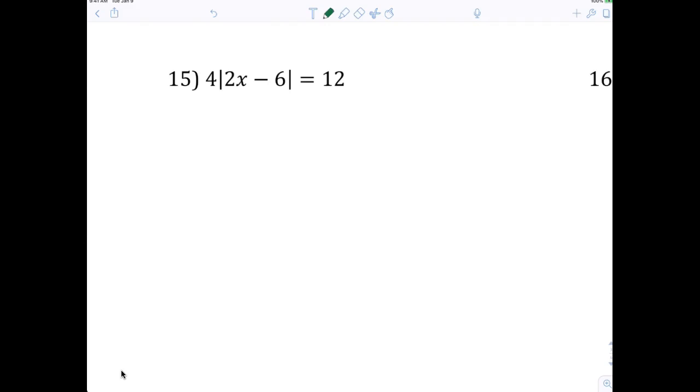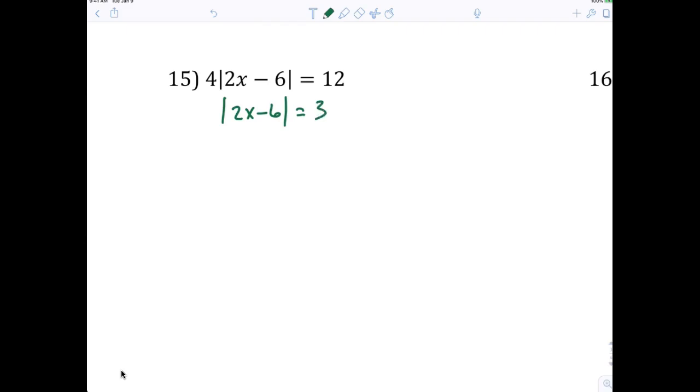So how do I get rid of this times 4? How do I undo a times 4? Yes, isolating the absolute value. We don't distribute through an absolute value. We divide out the 4. So the first thing you're going to write down is absolute value of 2x minus 6 is equal to what? 3.